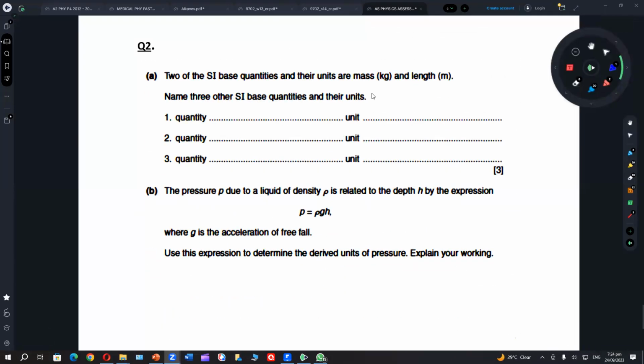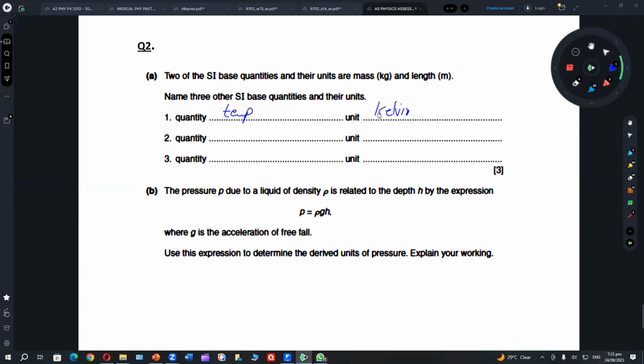Two of the SI base quantities and their units are mass, kg, and length. Name three other SI base quantities and their units. So you people can answer it easily. Temperature, Kelvin. Quantity is temperature, for example, and the unit is Kelvin.